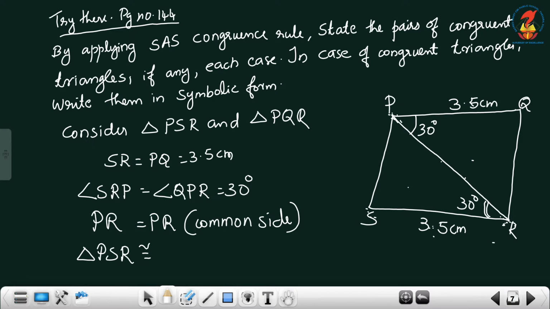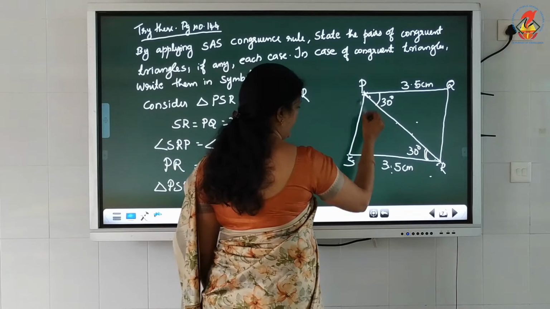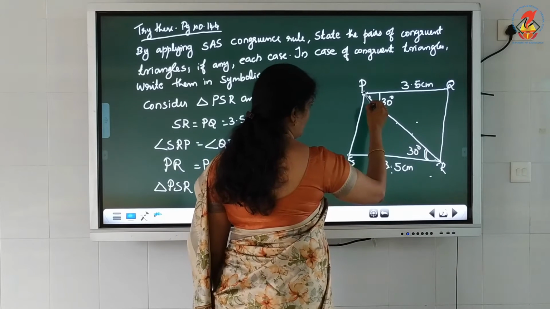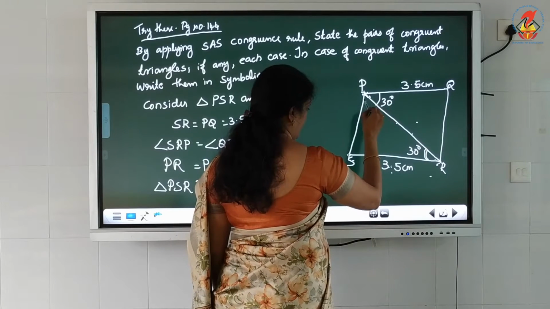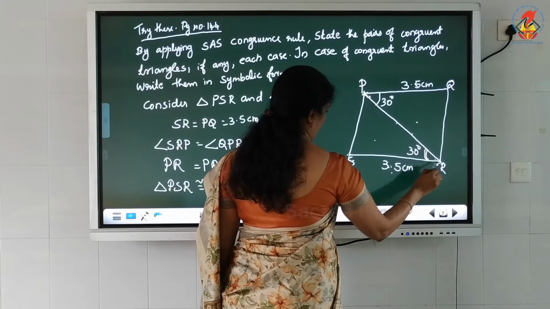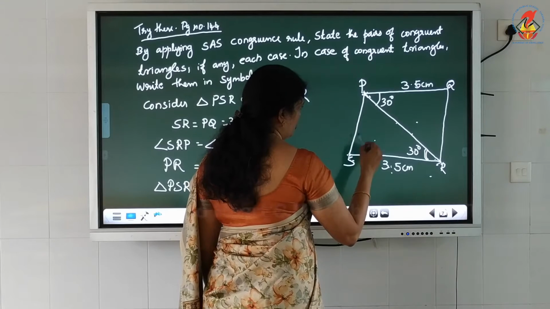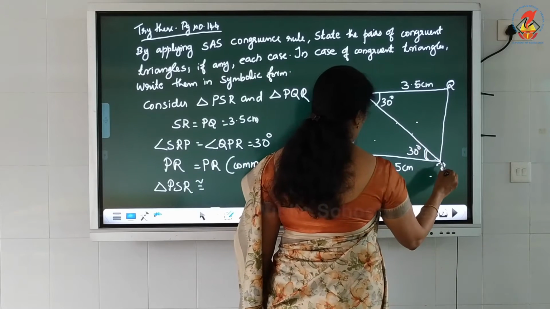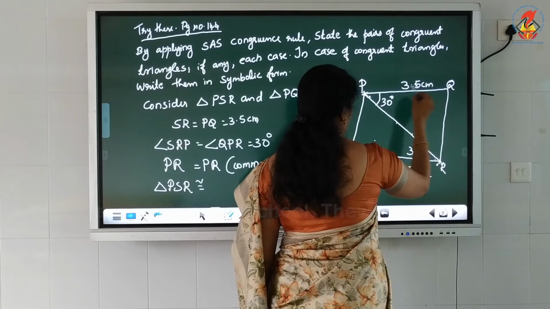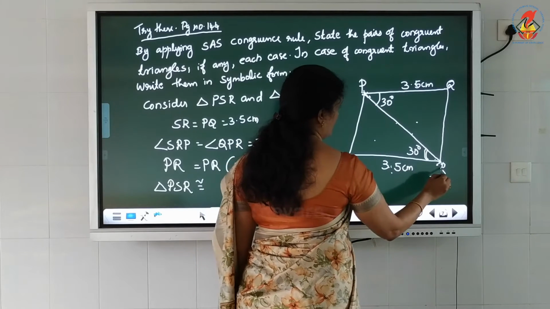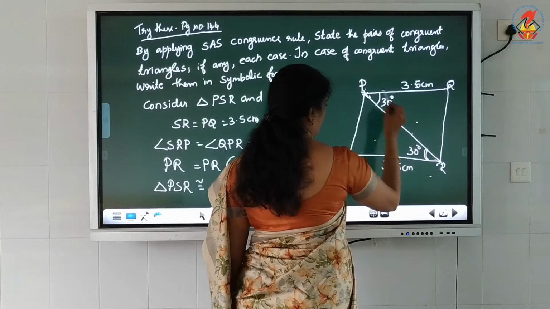QRP or RQP. Which one is correct? Here first you start from PSR. P is 30 degree, here 30 degree. SR means 3.5 centimeter. Here PS is not given. You should start from RQP. Here SR equal to 3.5 centimeter, QP equal to 3.5 centimeter.